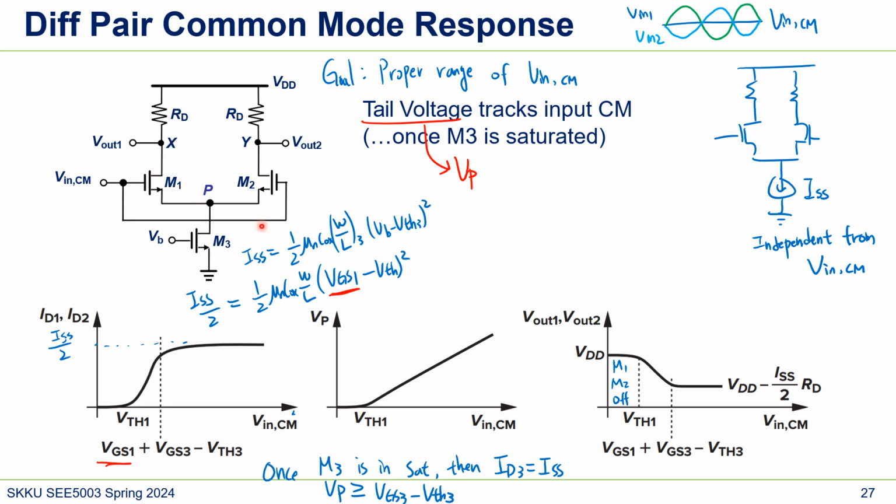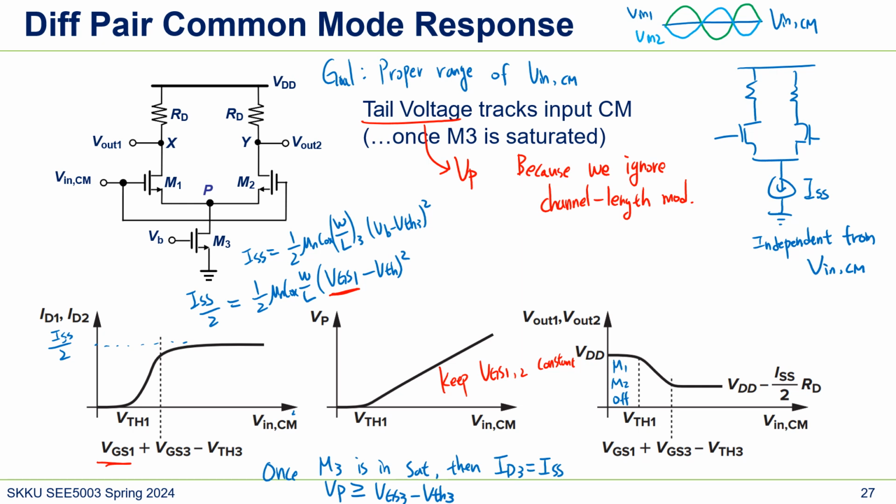That's not true, because if V in CM increases further, VP also increases; VP follows V in CM. That's because we ignore channel length modulation, so the current of this MOSFET is independent of VP. VP just follows V in CM, keeping VGS1 and VGS2 constant.